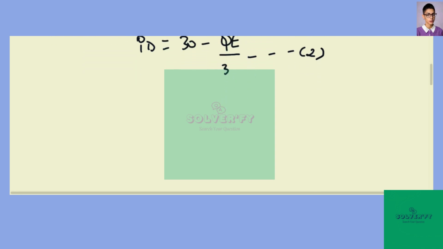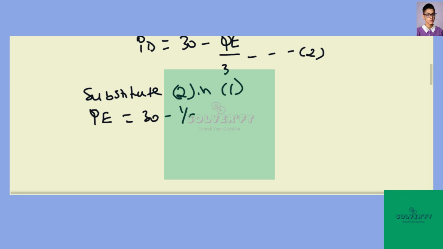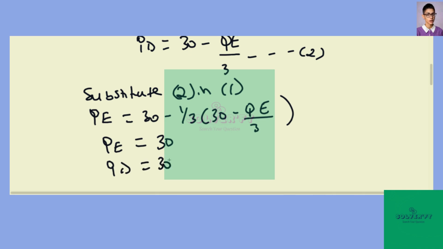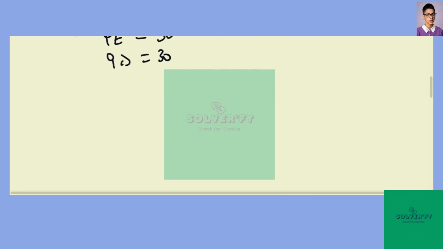So substituting equation 2 in equation 1, QE equals 30 minus 1 over 3 times (30 minus QE) divided by 3, and then QE equals 30, and then QD equals 30.